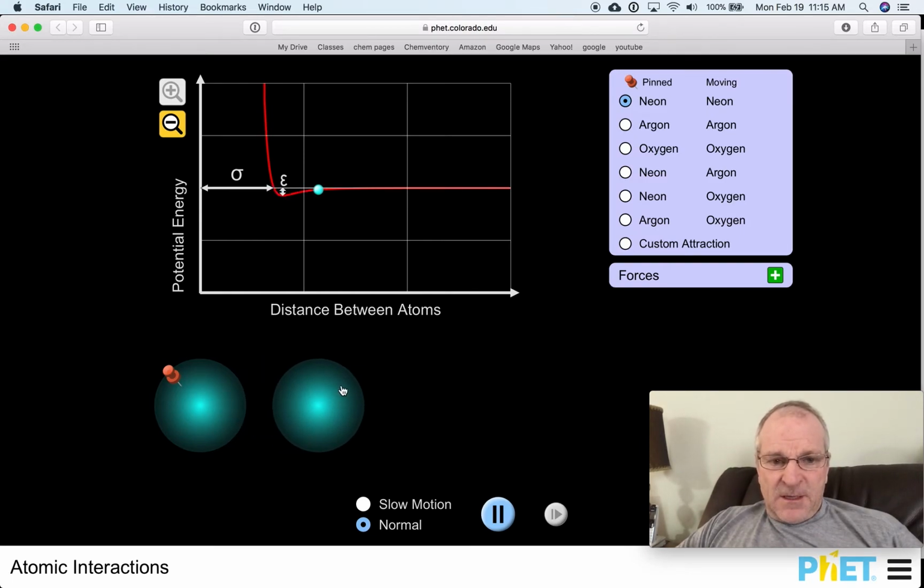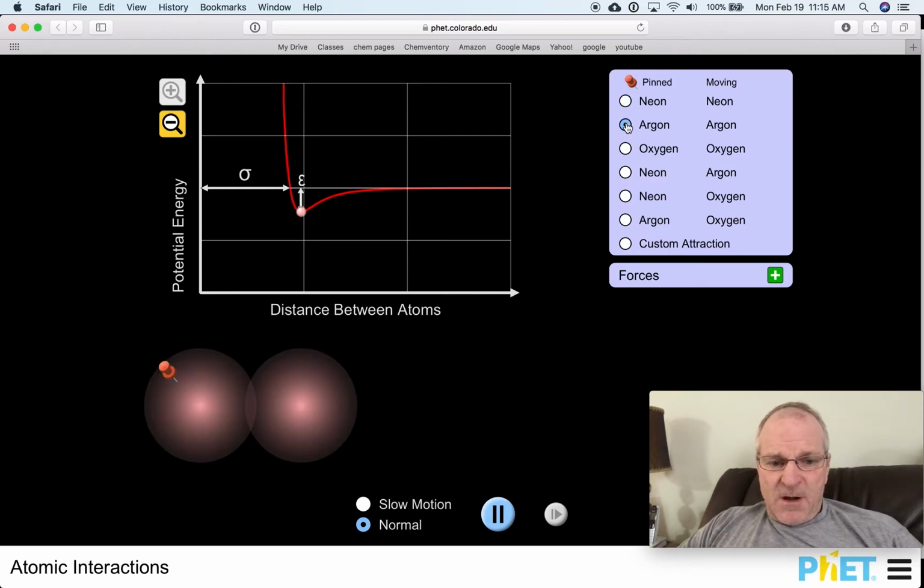But right here, as the valence electrons specifically start to approach one another's atoms, the valence electrons here begin to form an attraction with the nucleus there, and the valence electrons there begin to form an attraction with the nuclei there, and you get this little energy well right there. And in this case, it's no bueno. No big surprise, neon's a noble gas, so it doesn't really form a bond.